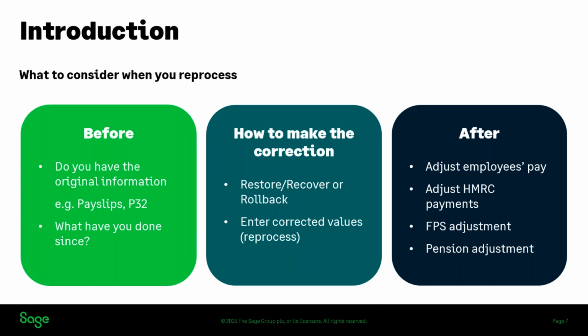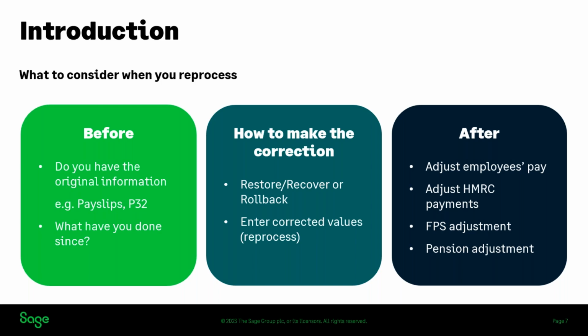So you can then think about how you're going to make the correction. So two ways you could do this, which I'm going to show you in the demo. You can either restore or recover a backup, or you can use the rollback wizard. You'll then need to set your date back and enter those corrected values, so known as reprocessing. You're effectively repeating the payroll process for the employees that you're correcting, and you will need to do that for each period from the period you went back to until your payroll records are up to date.